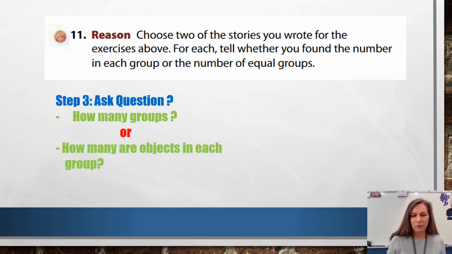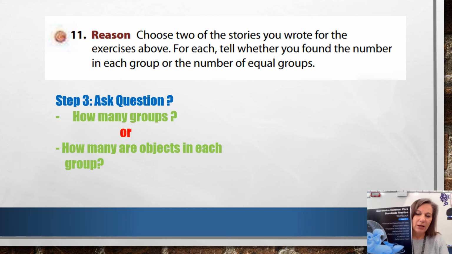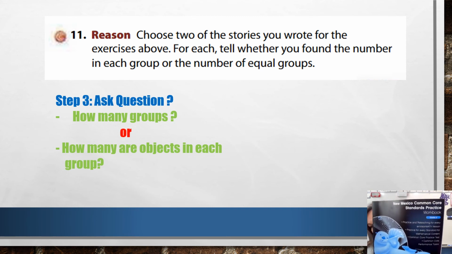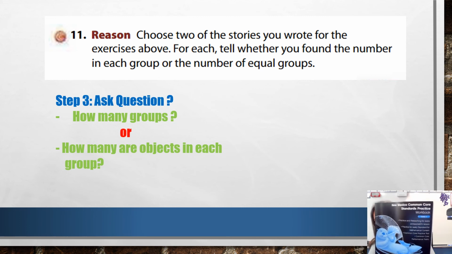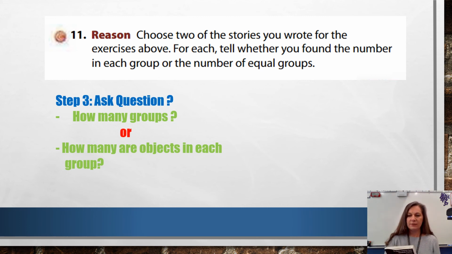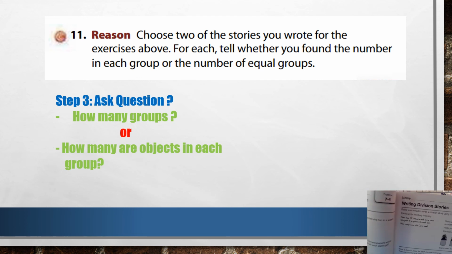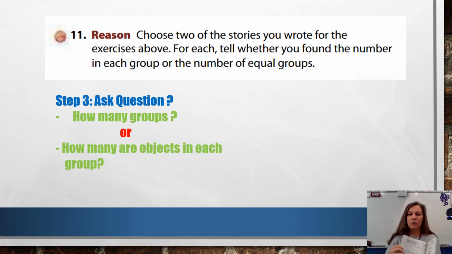If you go to your practice book, your softbound book, you are going to be using this practice book right here. You're only doing the front of 7-5. 7-5 is this right here, writing division stories, and we are only going to do the front of that practice book page.